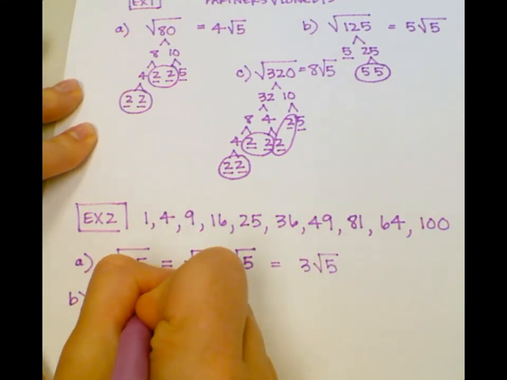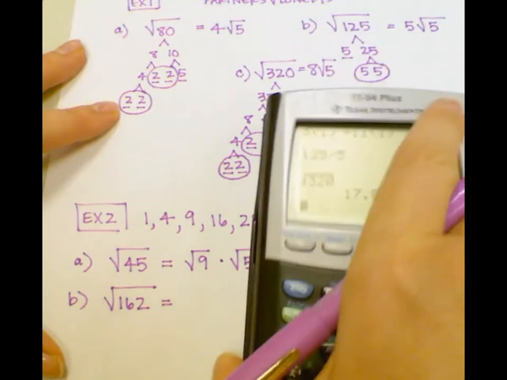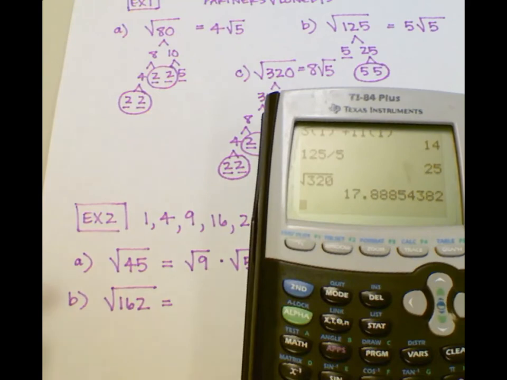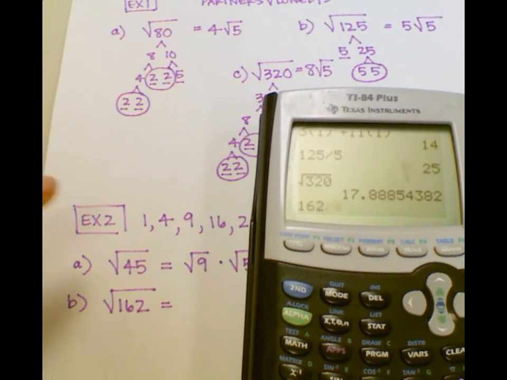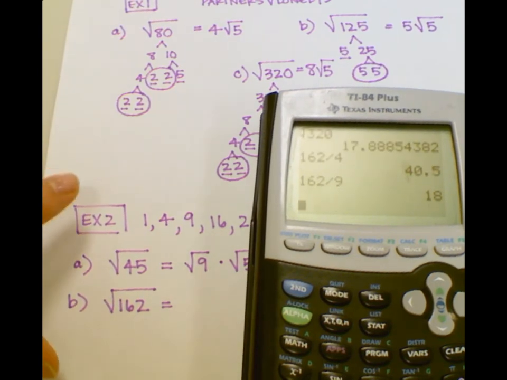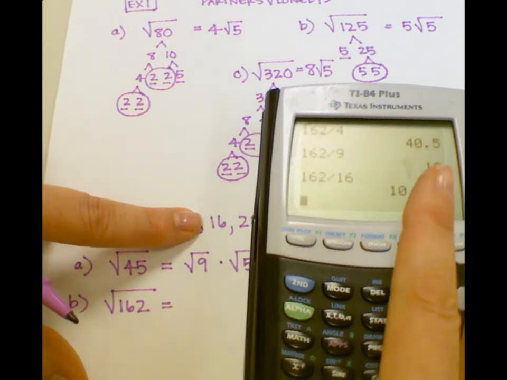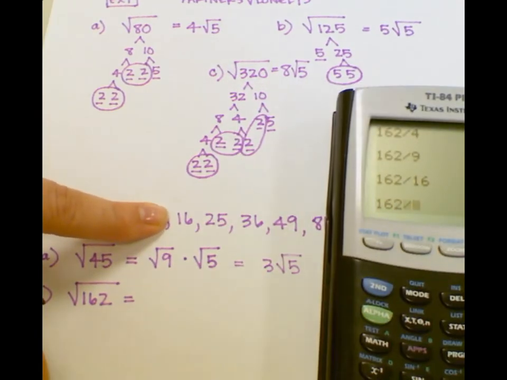Let's get a big guy. So 162. When you're doing 162, I don't know, guys. I don't know how you're going to do it. But maybe you guess and check. So 162 divided by 4. Doesn't work. 162 divided by 9. It does work, but let's see if there's a bigger one. 162 divided by 16. Nope. 162 divided by 25. Nope. 162 divided by 36.